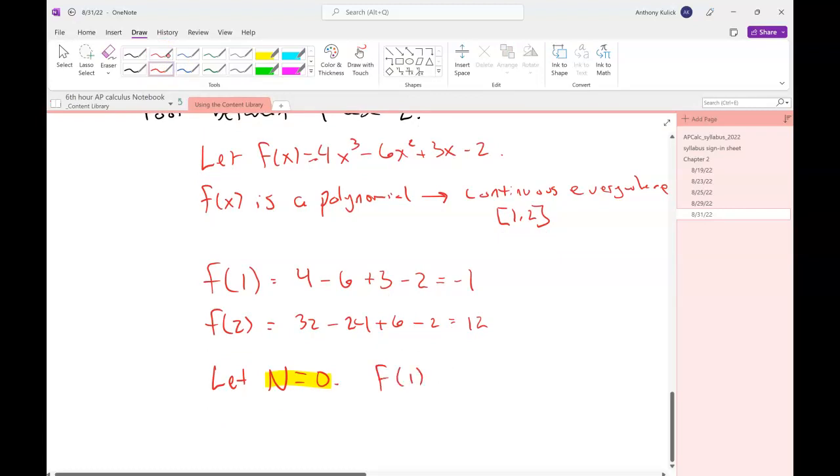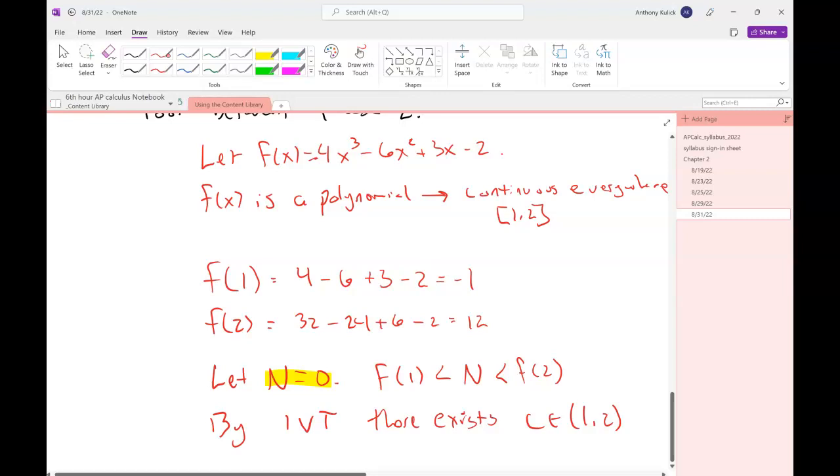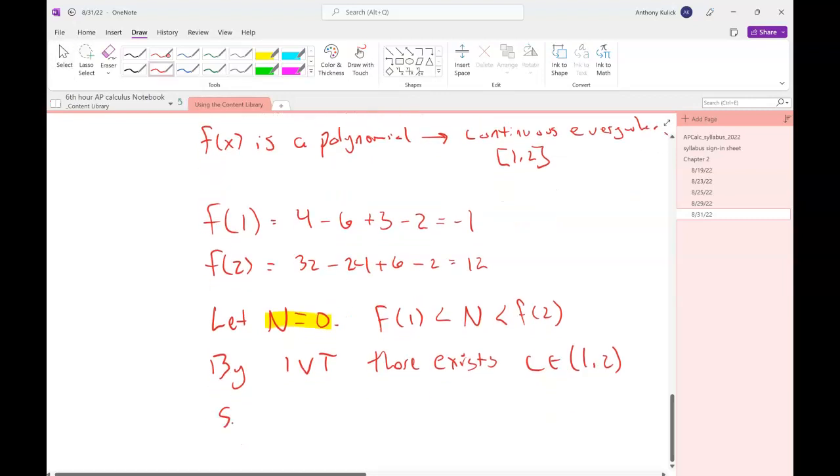So we notice that f of 1 is less than n, which is less than f of 2. So we can say by the intermediate value theorem, there exists, I'll write it out this time, a c between 1 and 2 such that f of c is equal to 0.